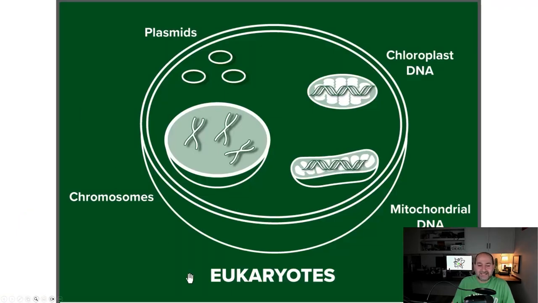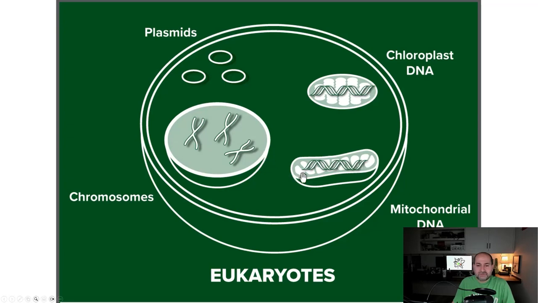Again, if we're looking at a eukaryotic cell, we have the nucleus, which is a double membrane comprising the nuclear envelope, and inside we have linear chromosomes. Humans would have 46 of these linear chromosomes typically.